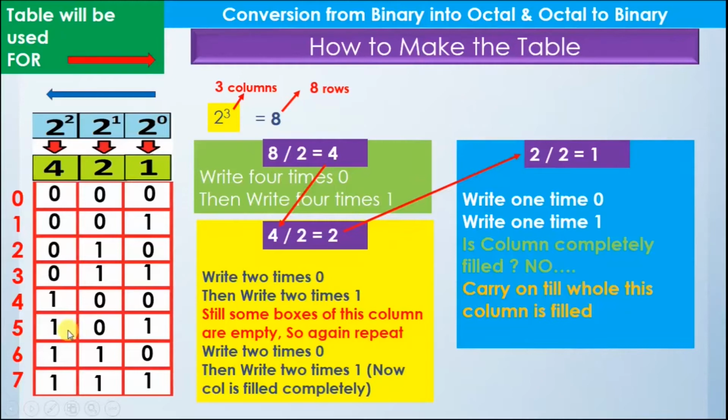And then we come here, and the value under 4 is 1, so the value is 4. Finally we add them all together. 4 plus 0 plus 1 is equal to 5. So this is how these values are calculated.